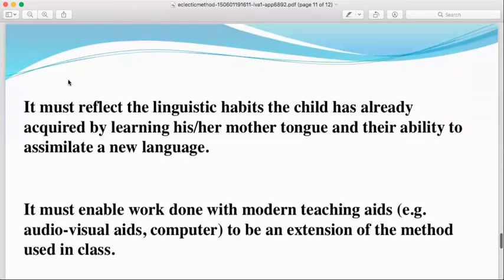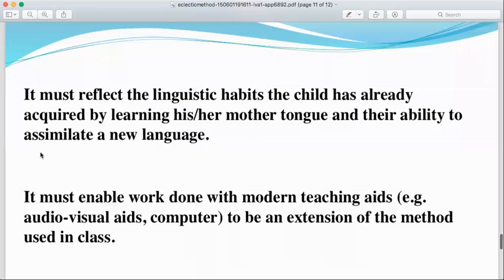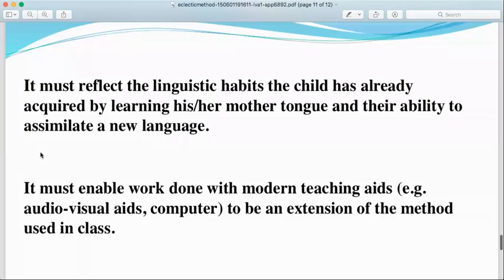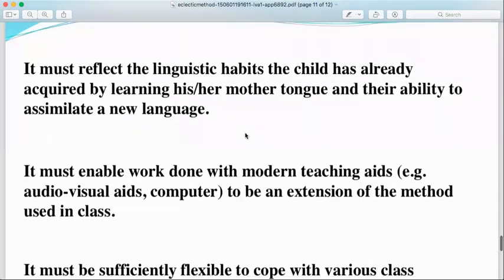This is taken from the natural approach, which seems to be more successful because it takes learning as acquiring. The eclectic approach can reflect the linguistic habits of the child who has already acquired her mother tongue, and their ability to assimilate a new language.